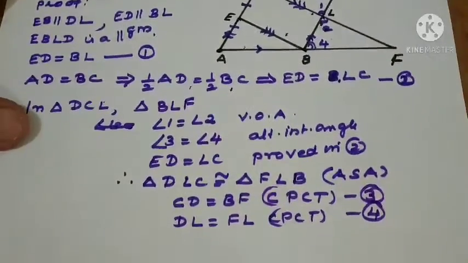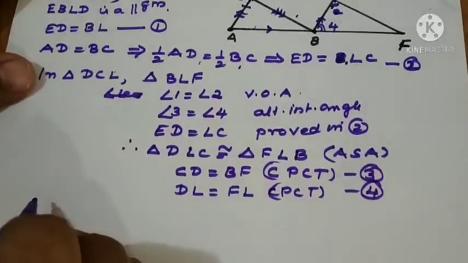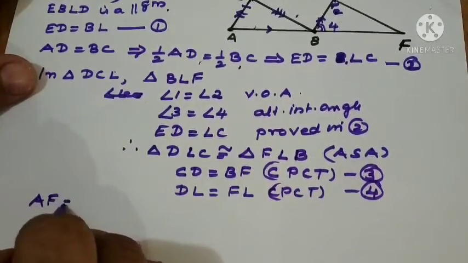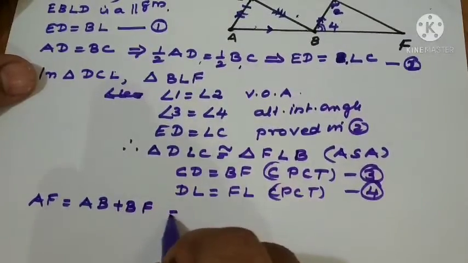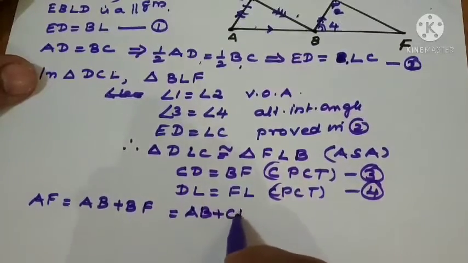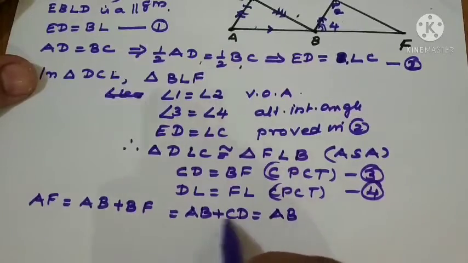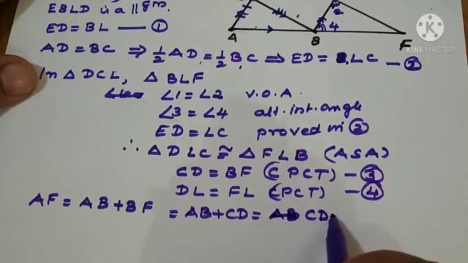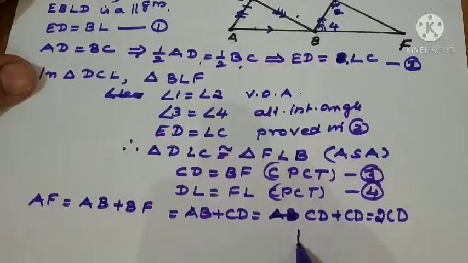We have to prove that AF equal to 2DC. AF equal to AB plus BF. So AB plus BF, where BF equals CD and AB is equal to CD. So CD plus CD equal to 2 times of CD. The first one proved.